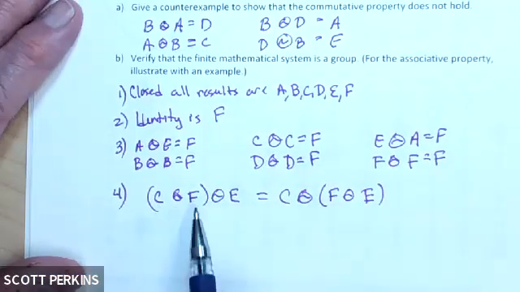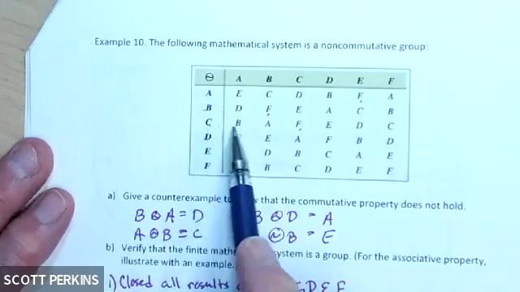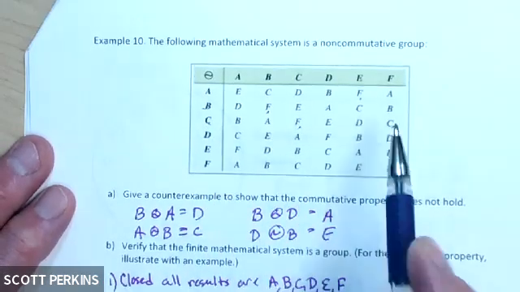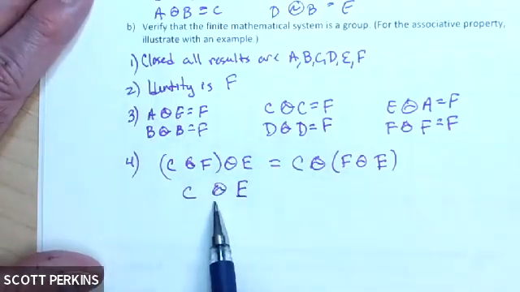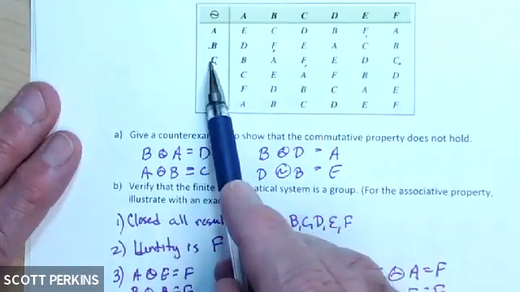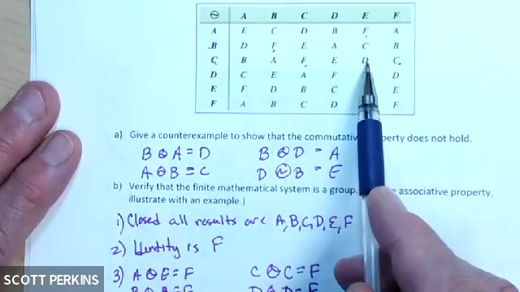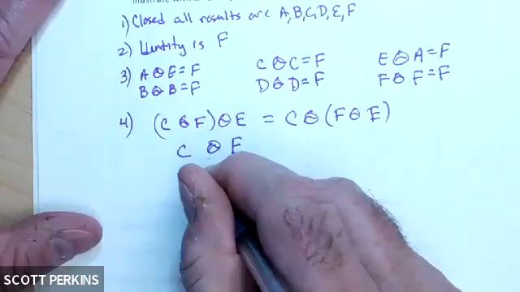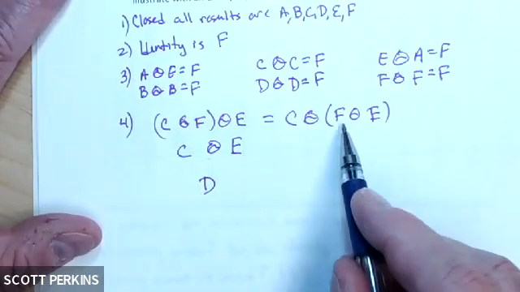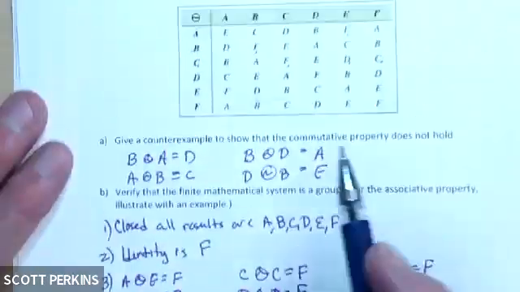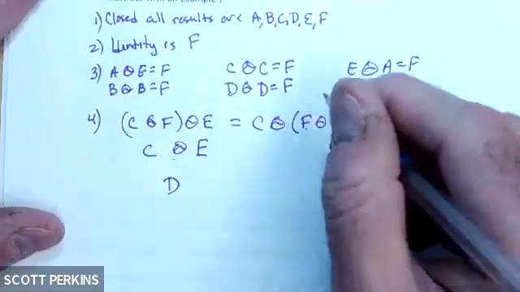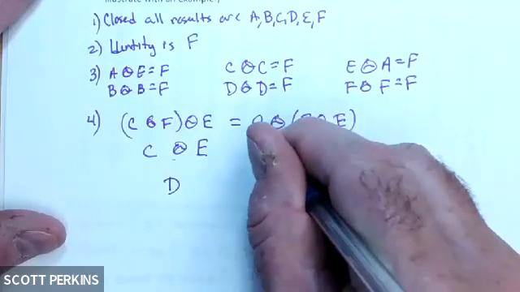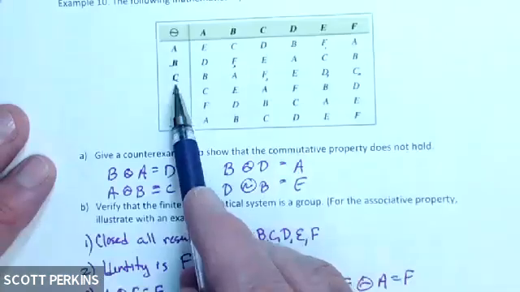So C combined with F produces C. And now C combined with E produces D. On the other side, I'm going to start with F combined with E. That produced E. And then C combined with E is D. I got the same thing.